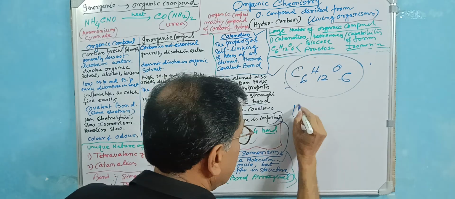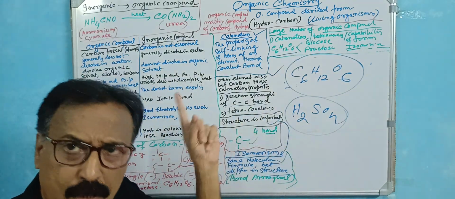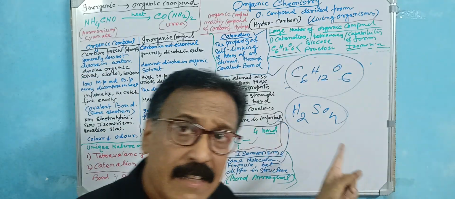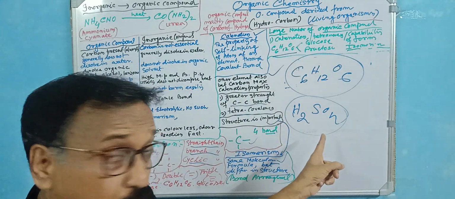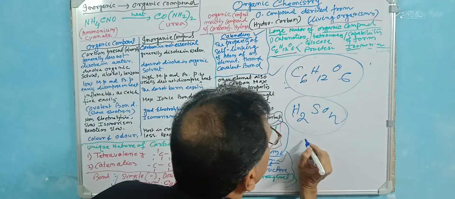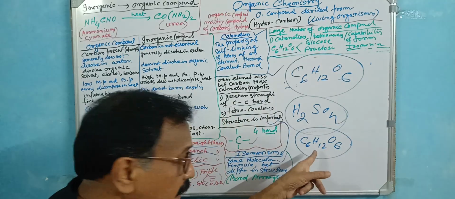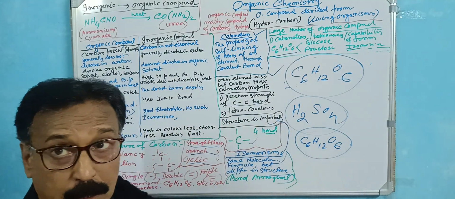But in the case of inorganic chemistry, sulfuric acid, H2SO4, you definitely tell this is sulfuric acid. There is no other compound formed. But in the case of the organic compound C6H12O6, you cannot definitely say whether it is glucose or fructose.